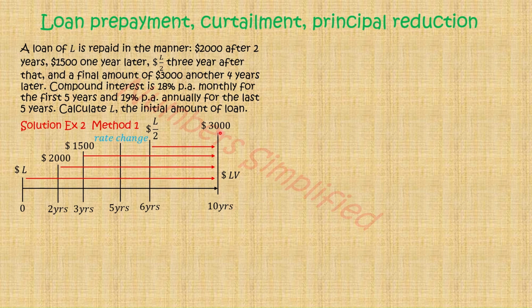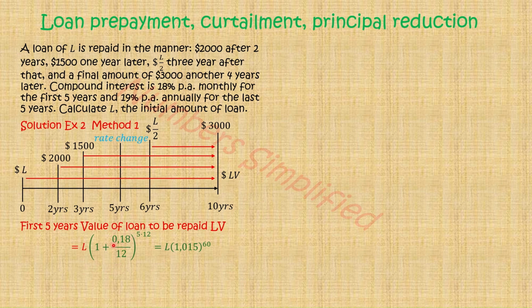So with that, we are going to consider the first 5 years. This is important because in the first 5 years, the rate that was used is different from the rate that was used in the last 5 years. So in the first 5 years, we take note of the loan itself. So the loan was L. So L times 1 plus the rate.